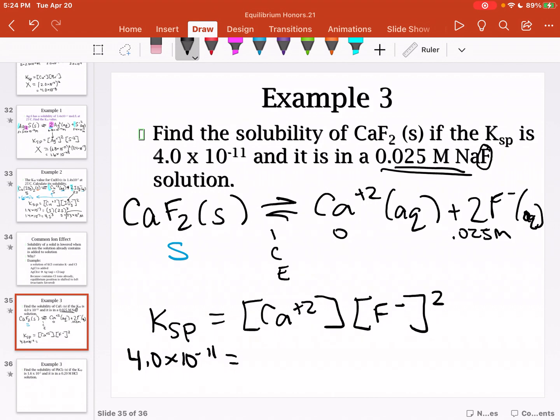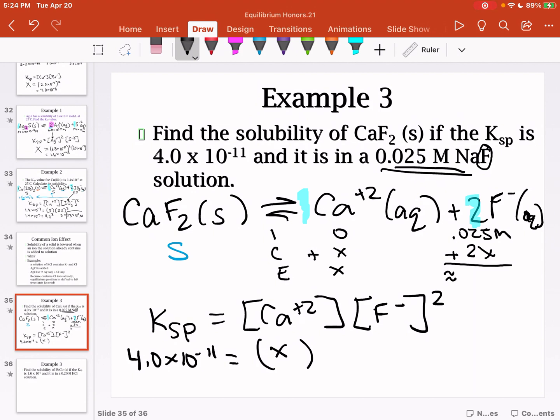So this guy is, as a product, going to go up by X, and this guy is going to go up by 2X because of that 1-to-2 mole ratio. And so carrying this guy down, my calcium ion at equilibrium is equal to X. And what are we going to do for this 0.025 plus 2X, guess what we're going to do?